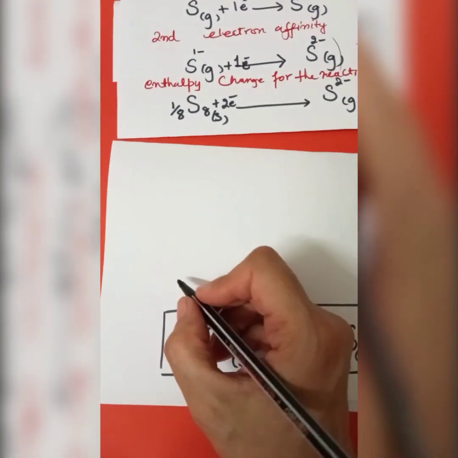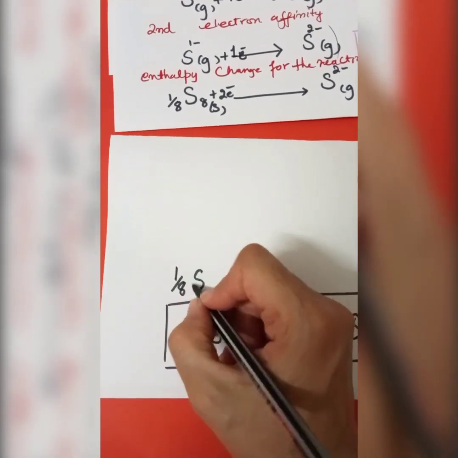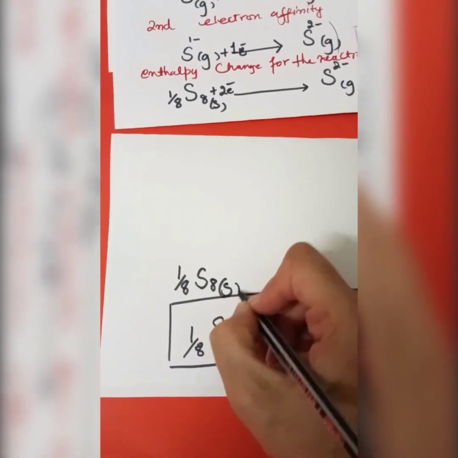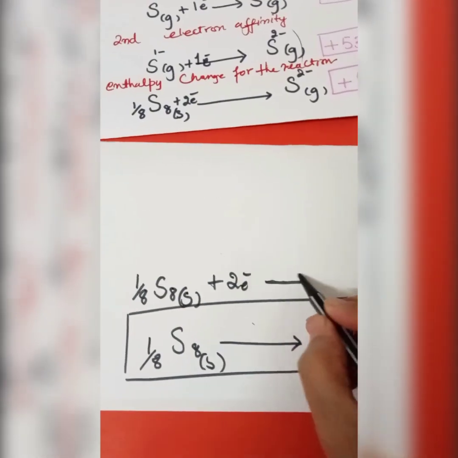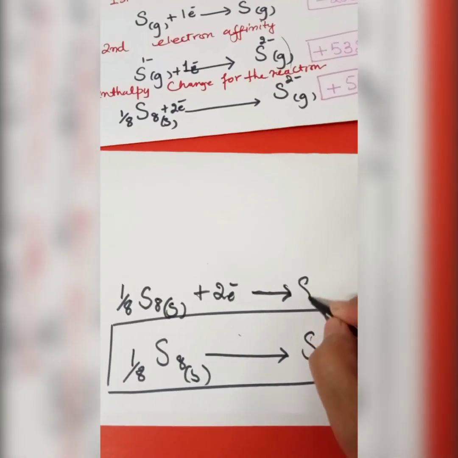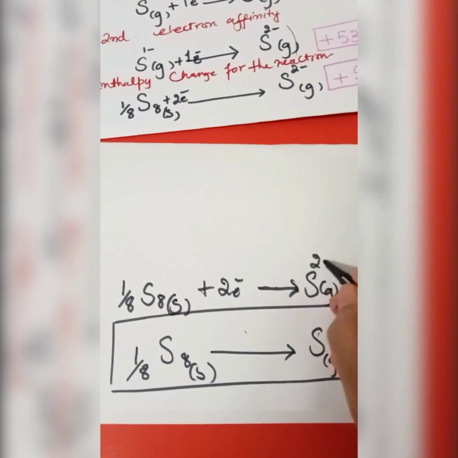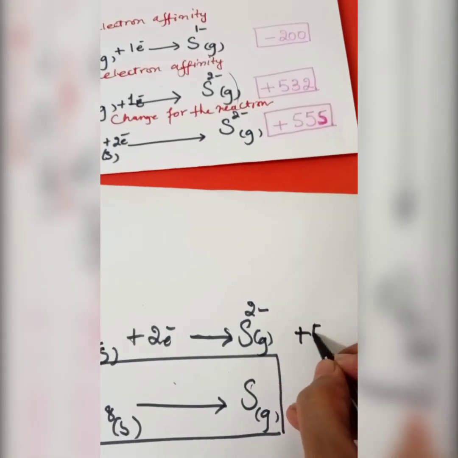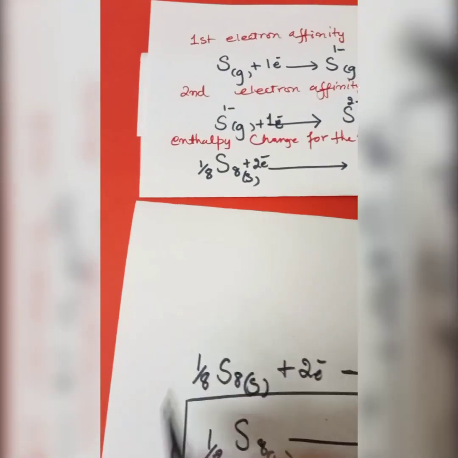Now we just need to rearrange our equation. The first equation has 1 by 8 S8 solid plus 2 electrons goes to S2 minus gaseous, and the energy is plus 555.